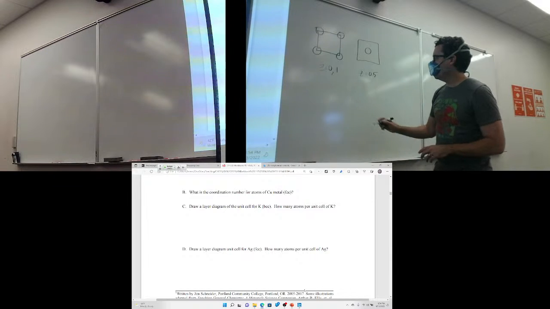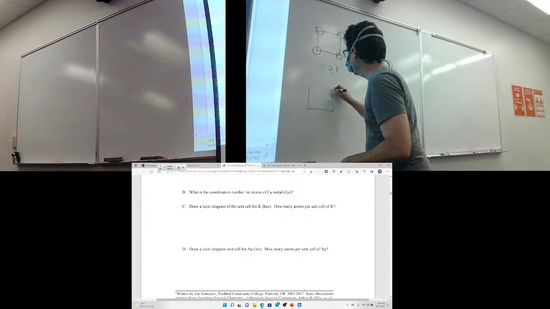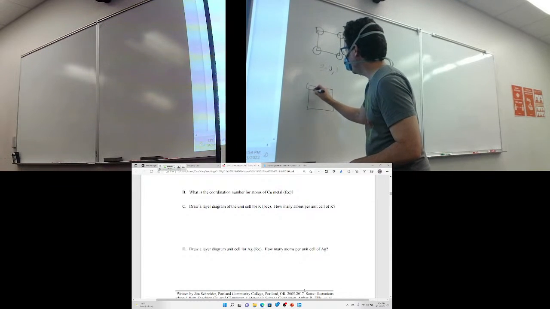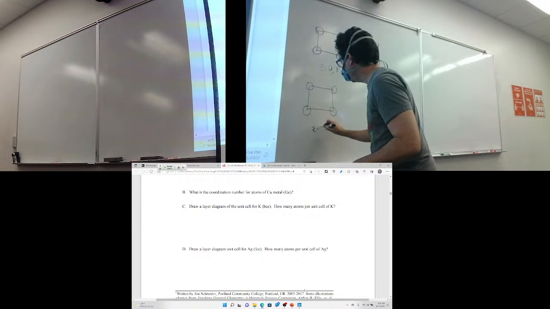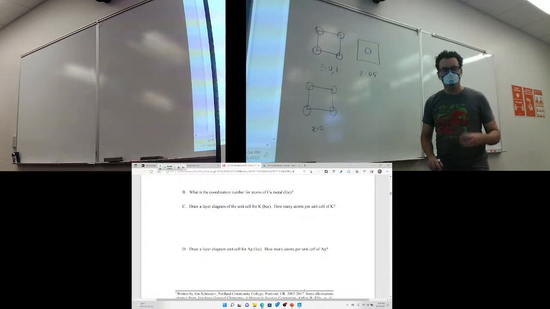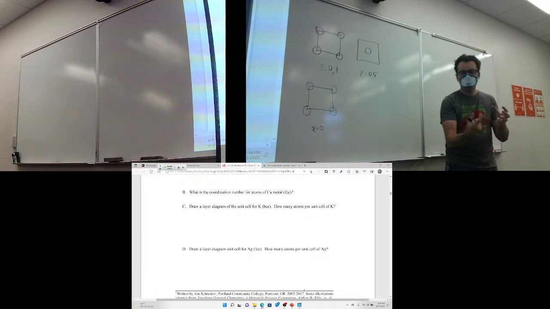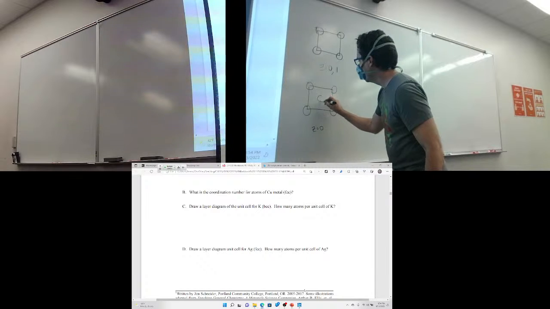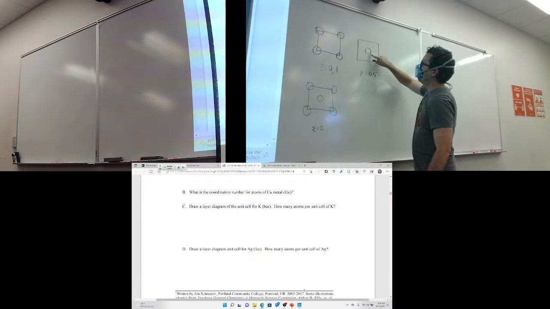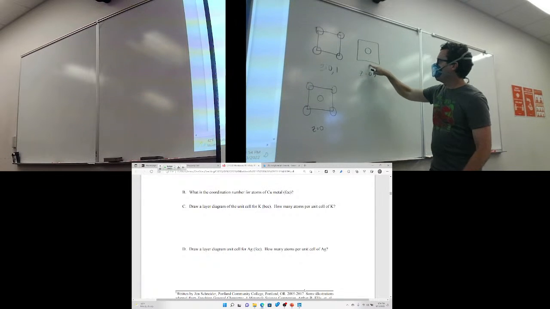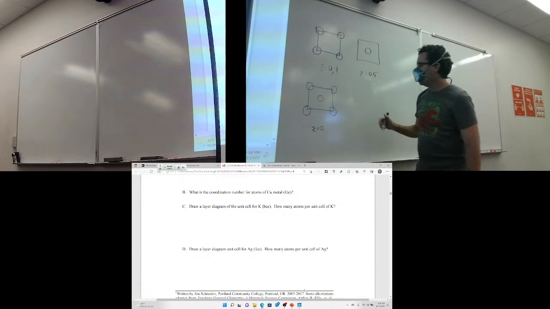FCC, unit cell diagram. All right, this one's a little harder, but FCC, there's always the corner atoms. So that's the bottom. But there's also the face in the very bottom layer. There's a face atom right here. This is actually hard for people to distinguish. That's a face atom, that's a central atom. They're different because of the layer they're on, okay?